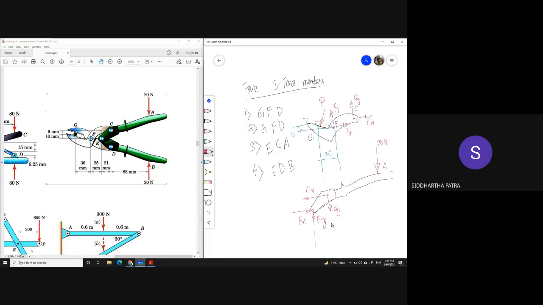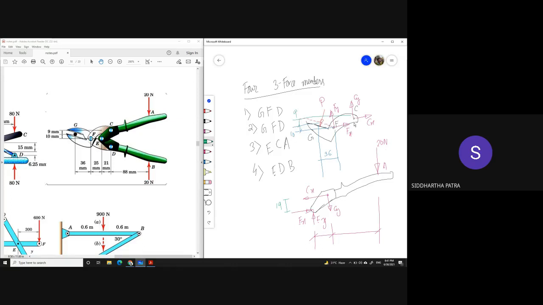Okay. Now, along with all the x coordinates of the points, the y coordinates are also important. For example, if you look carefully, the point C is 10 plus 9, 19 millimeters above E. So from E to G, that is 10 millimeters. From G to C, that is another 9 millimeters. Okay.